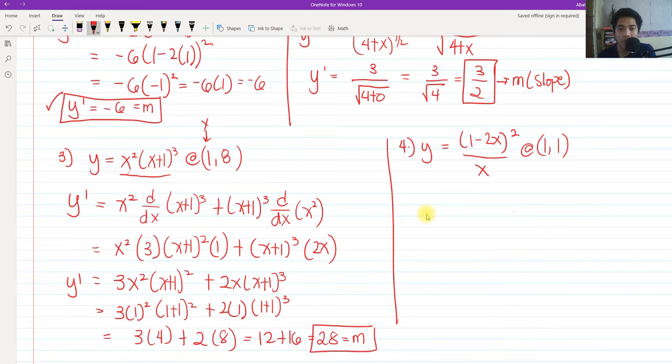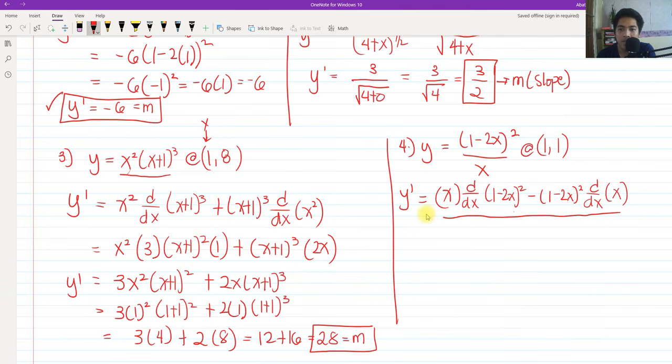So we have y prime. We have the formula: low d high minus high d low over low squared. So that's the mnemonic. We copy the denominator and differentiate the numerator, then minus, copy the numerator and differentiate the denominator, all over the denominator squared.